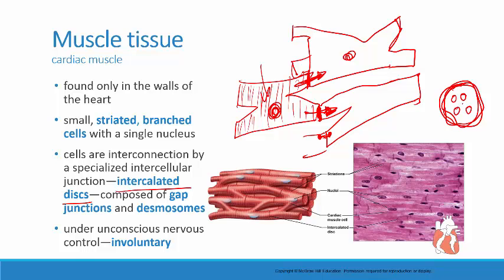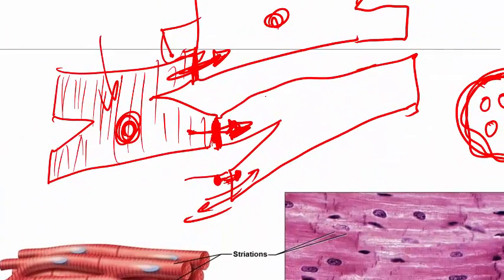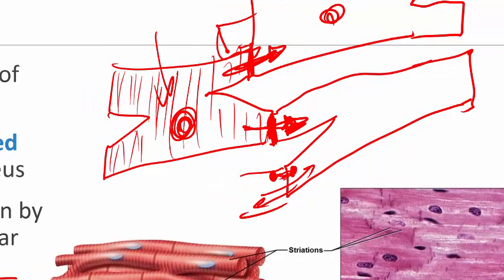They're called gap junctions, and the gap junctions allow ions to pass freely from one cell to the next. And so if we get the signal to contract at this cell, which happens by ionic movement, then the ions will flood across the intercalated disc and cause the next cell to contract.